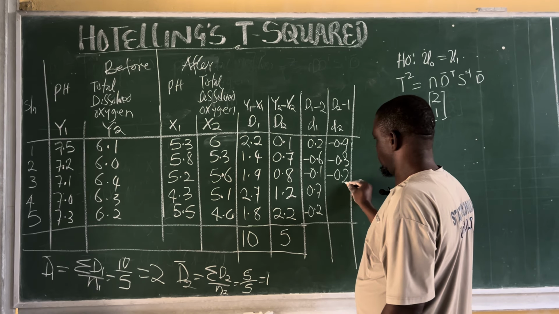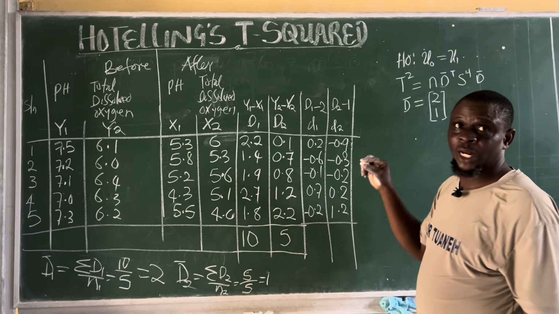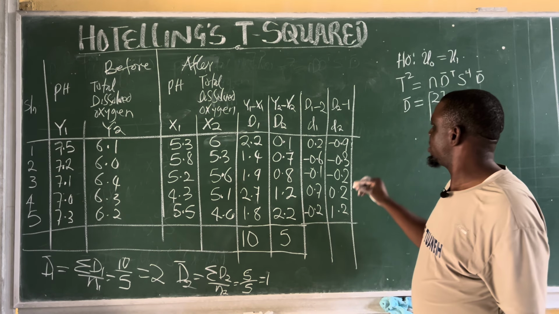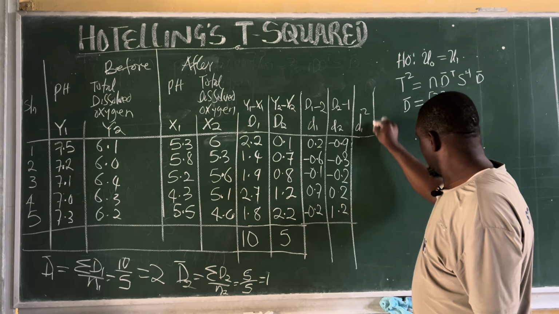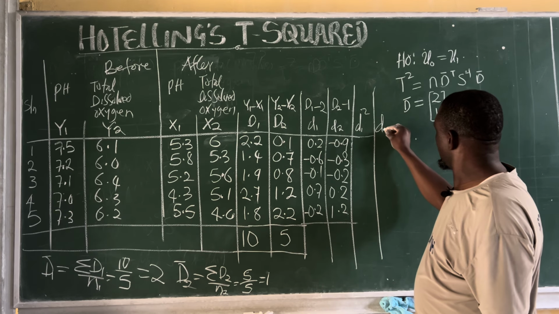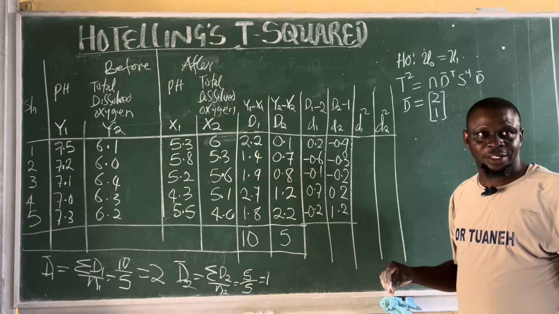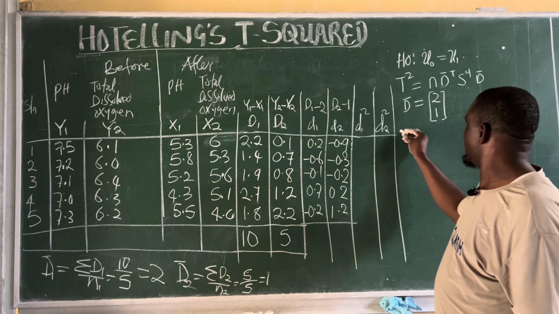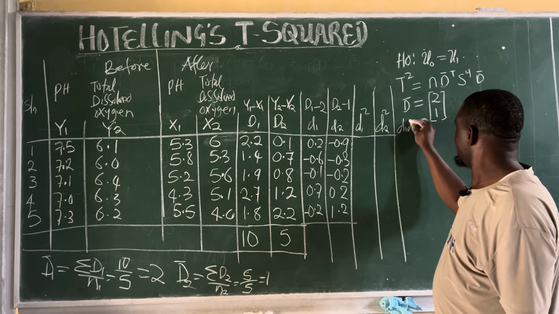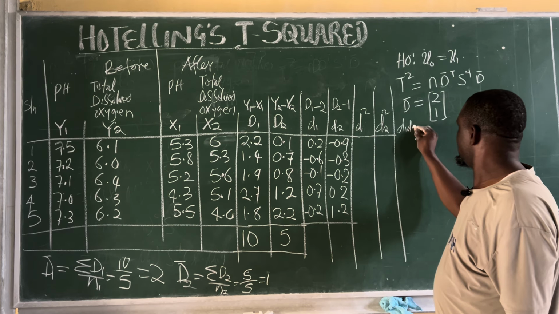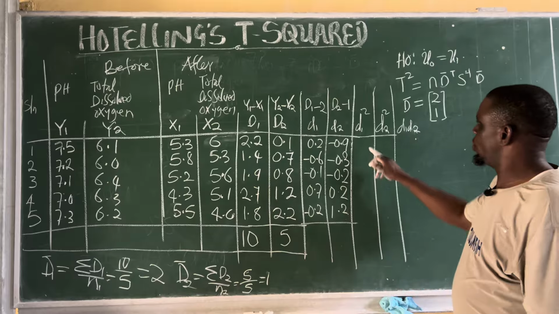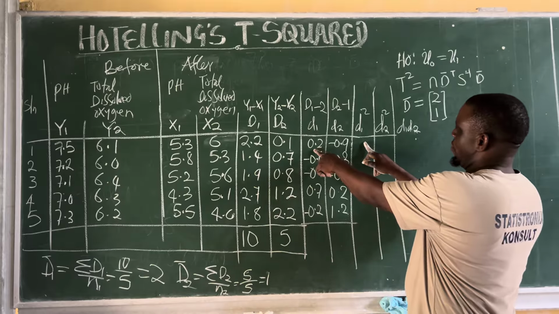Also, if we sum that, it will be equal to 0. Now, because of the formula of variance, we'll create a column and call it D1 square, create another column and call it D2 square. Then, for our covariance, we are going to create a column and call it D1, D2.